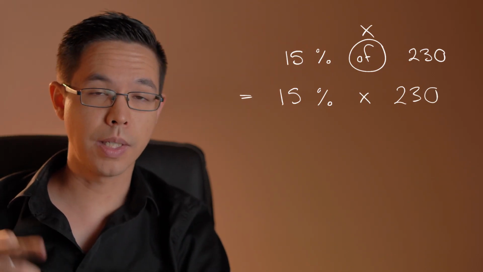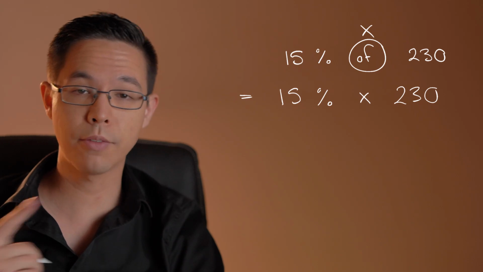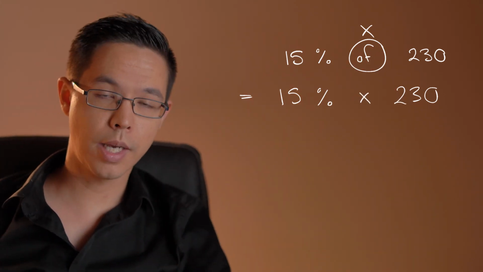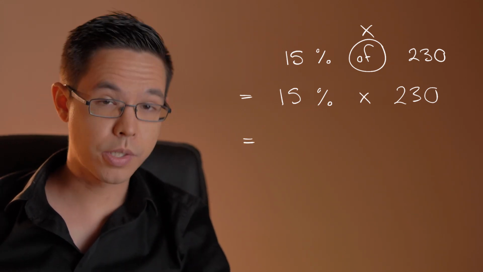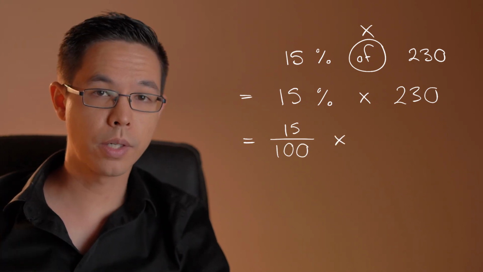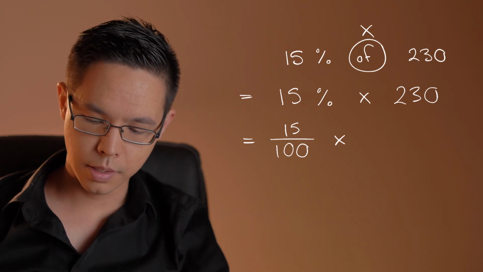I'm going to use the math trick that I covered in the previous video about percentages and fractions. If you haven't seen that video, I'll put a card up there you can click on, and it'll take you there so you can see what I'm doing in more detail, a bit more slowly. I'm going to convert the percentage into a fraction, and I'm also going to convert the 230 into a fraction so that I can actually multiply things together.